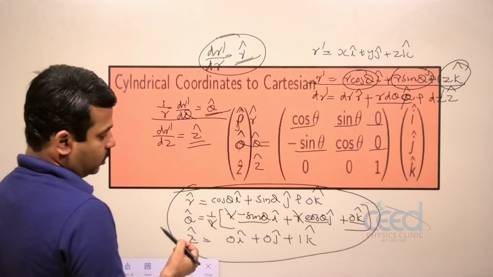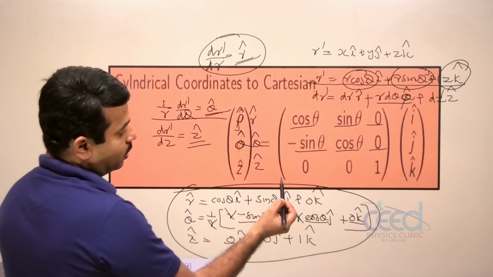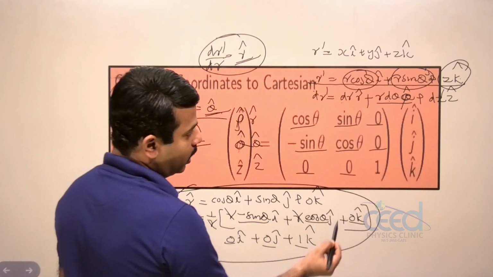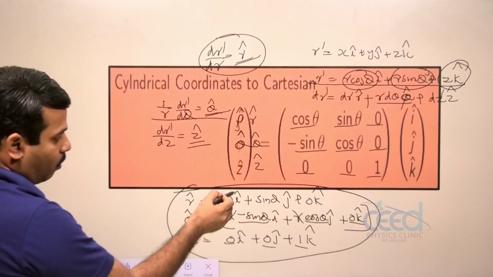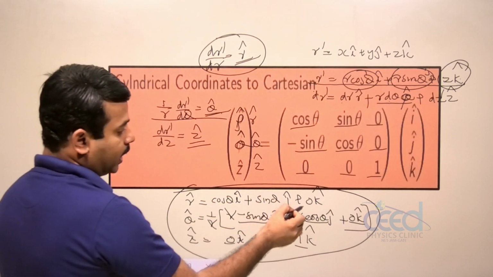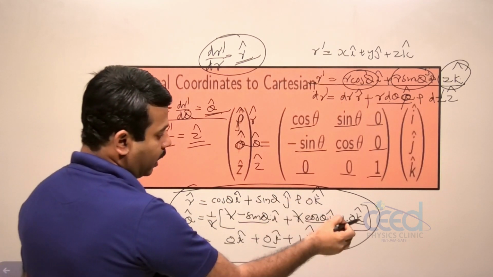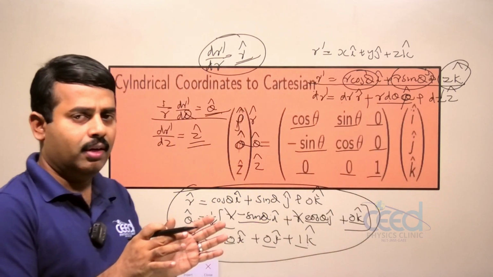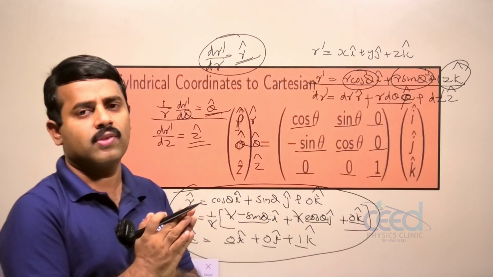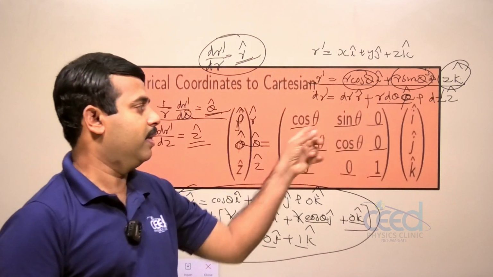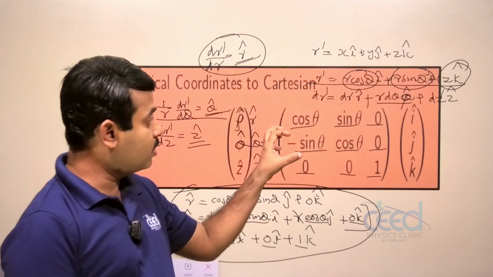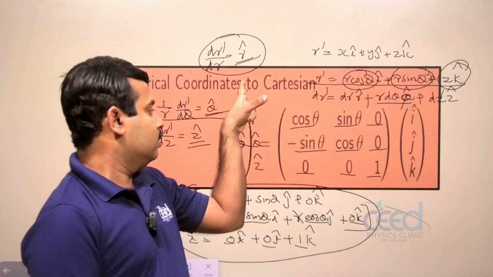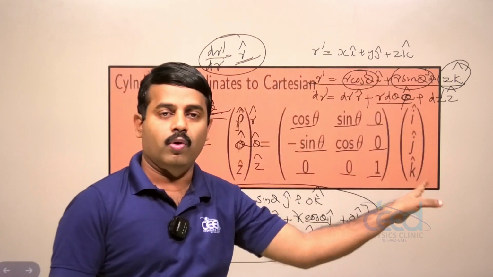And think about this: here the first coefficient of i cap is 0, 0, here also 0, here 1, right. Then what is common? i cap here, j cap here, and k cap here. As in the same way how we did the plane polar coordinate system, here we represented it as a matrix. So this is the matrix representation of the connection between cylindrical coordinate and Cartesian coordinate.